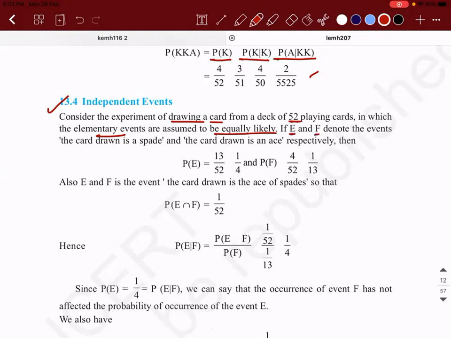So if E and F denote the events, the card drawn is a spade and the card drawn is an ace respectively, then what can you say? So what is the probability of E?